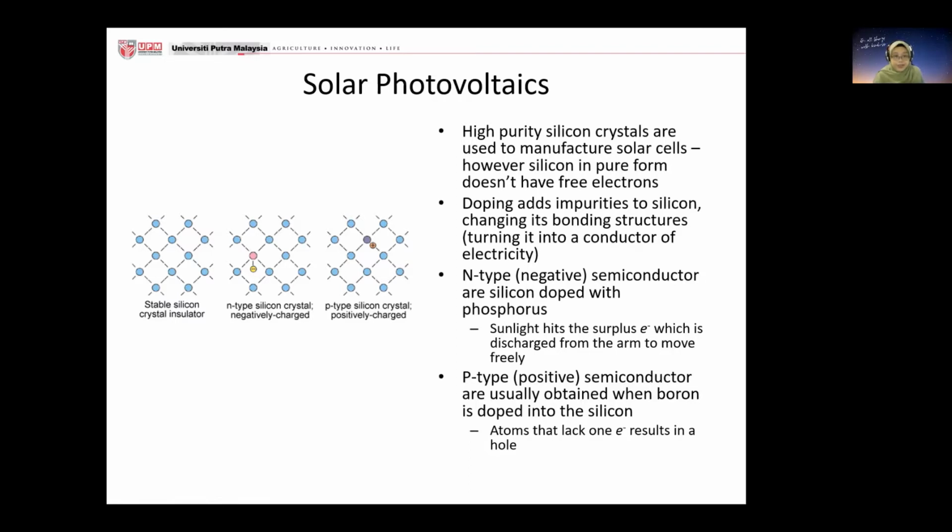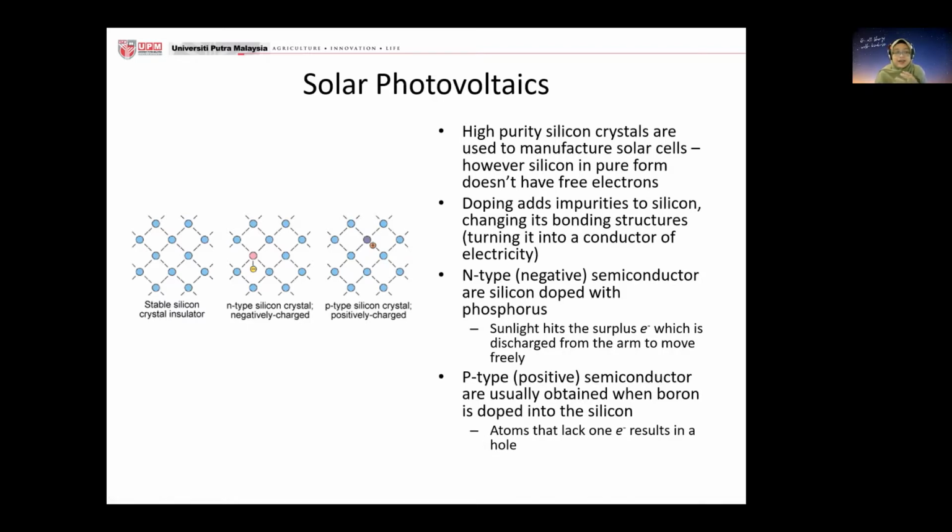However, we can do doping. Doping adds impurities to the silicon, and then it changes the bonding structure. It depends on what type of doping is included. One type is the N-type semiconductor. N means negative, so you can already think about that.